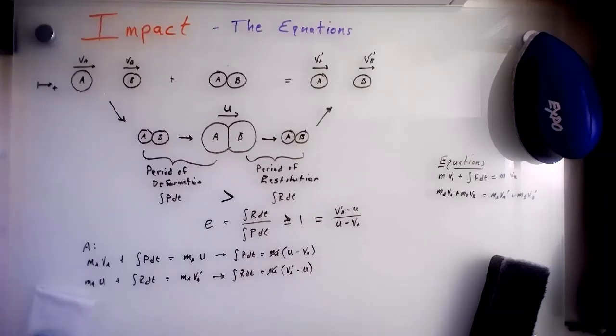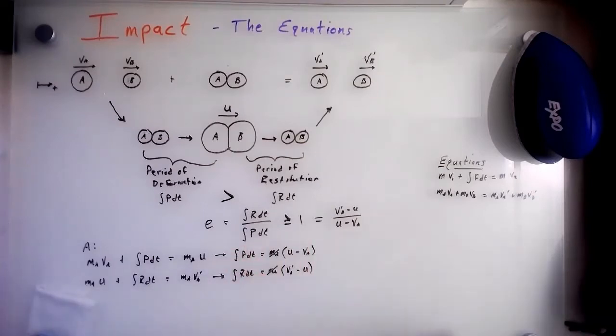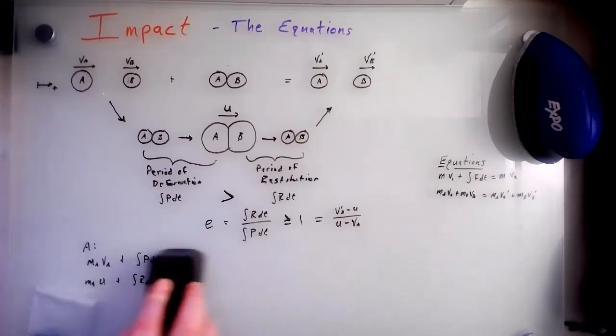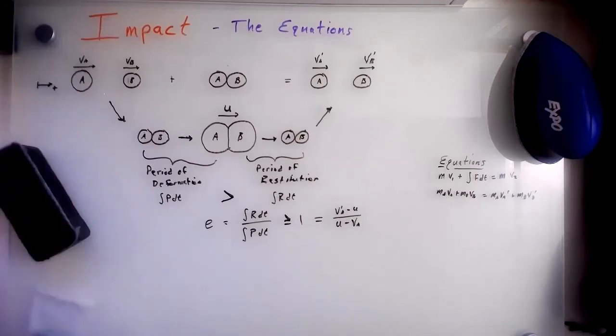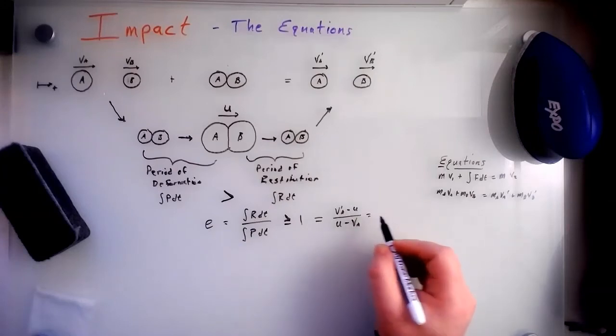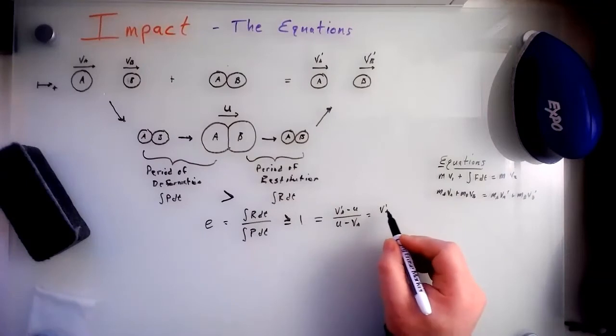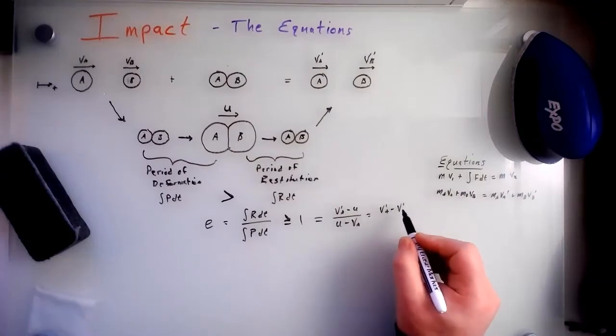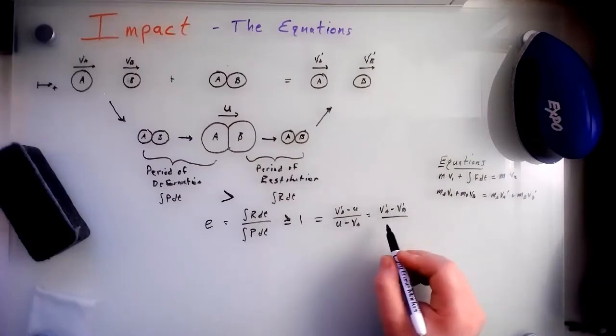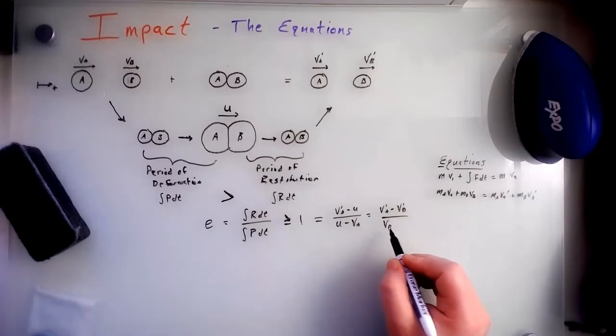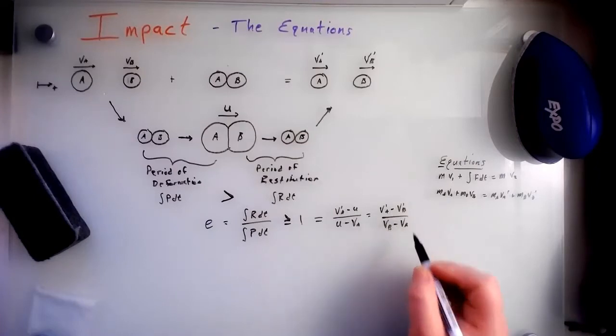And so when we do this for both particles, it comes together and we get a reversal of signs. What we ultimately arrive at is that when we consider both particles, this is V prime A minus V prime B over VB minus VA.